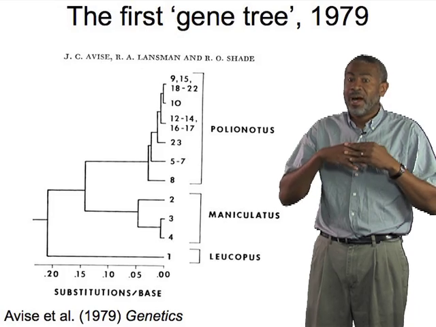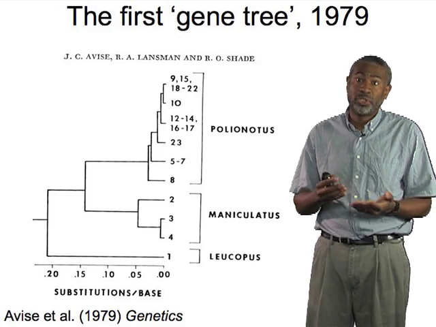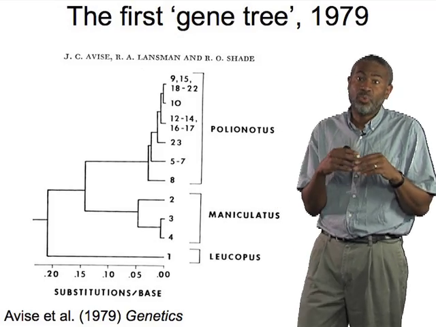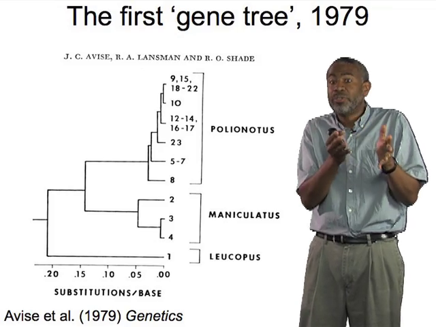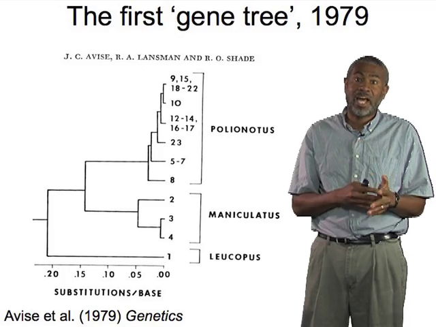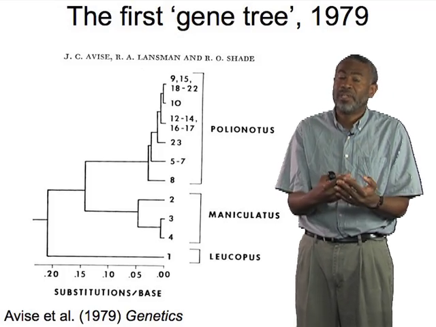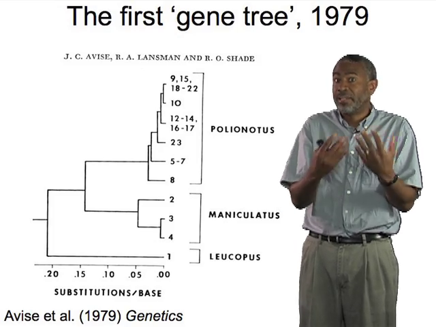And the particular gene that we're looking at is a very important molecule called mitochondrial DNA. And this was a really remarkable paper because it showed how you could relate different alleles to each other in a genealogical tree. We won't talk about how we actually construct those relationships. That's another field called phylogenetics.